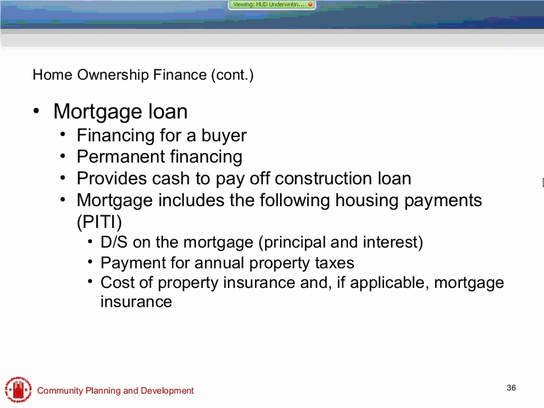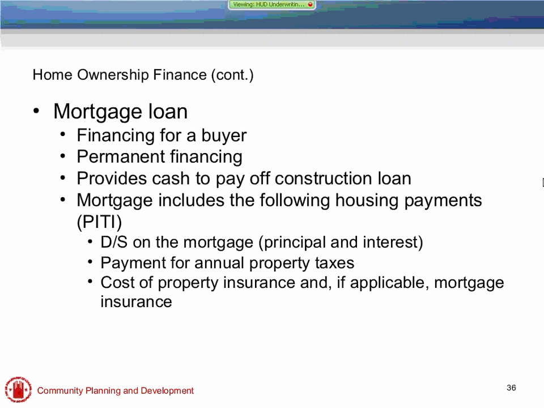We're looking here, just like we had talked about previously, our mortgage payments on the homeownership are going to include both principal and interest. So we're looking at PITI, which is principal, interest, taxes, and insurance. And again, it's just like we had talked about before.